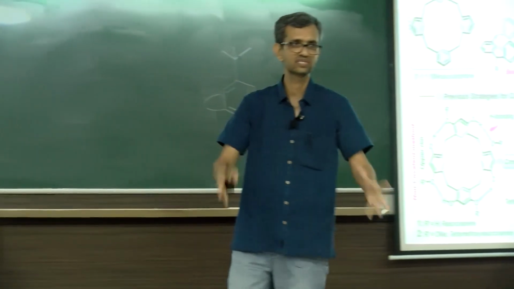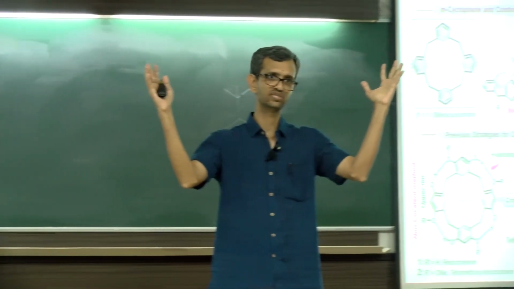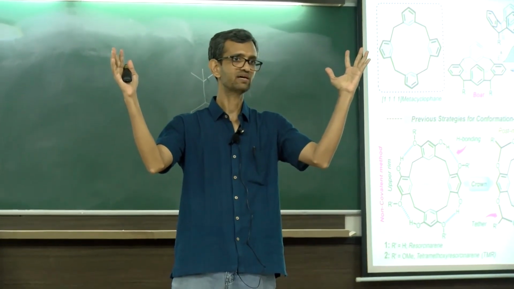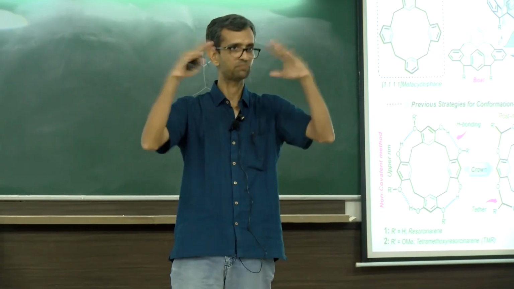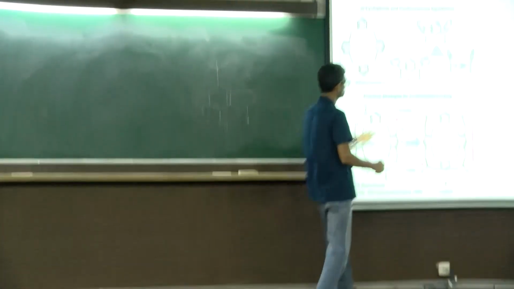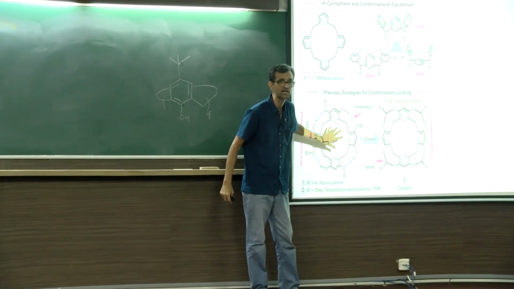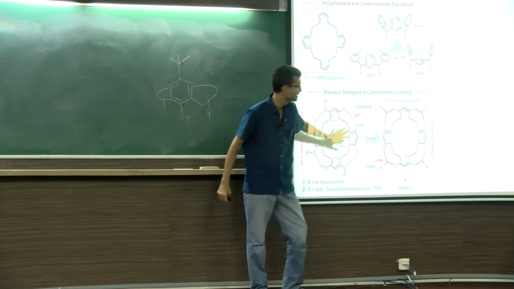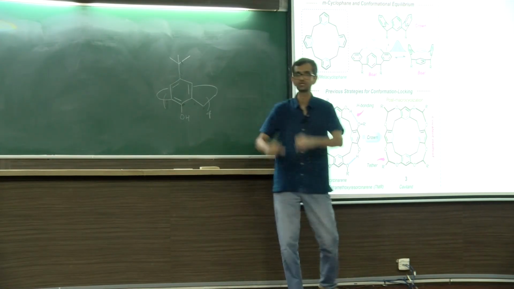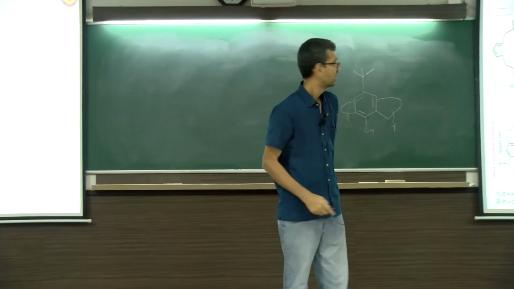Some substitution is there and you just build this, and that is also quite rigid because it never allows this arene to flip-flop. There is no way that it can flip-flop. So they are now looking perfectly like a crown. This is looking like a crown because of the intramolecular hydrogen bonding, and this is behaving like a crown because of the covalent tether.